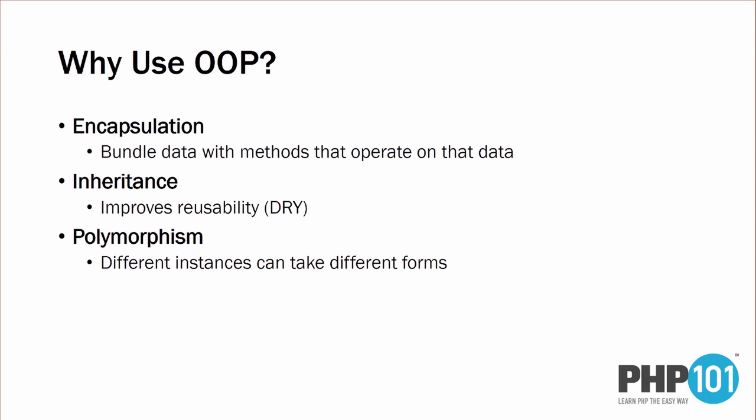That leads to it being a lot more organized and easier to work with, so it makes it easier to scale. It's kind of the DRY principle, which is noted here under inheritance as well, but it also happens here. You're not going to necessarily be reusing a bunch of code. So encapsulation is the big thing, and it leads to a cleaner, more organized, more efficient, more scalable application.